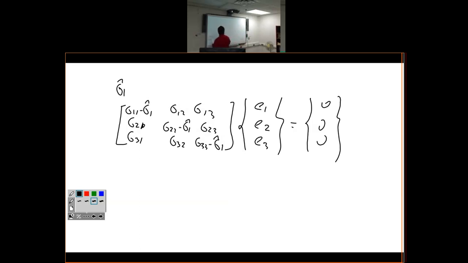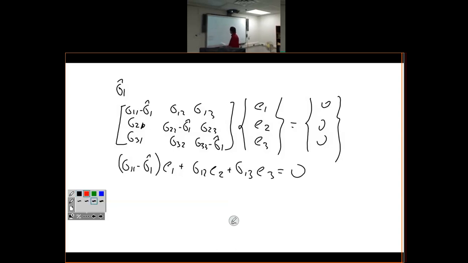So, for example, the first equation will be sigma 1 1 minus sigma 1 hat times E1 plus sigma 1 2 times E2 plus sigma 1 3 times E3 is 0.